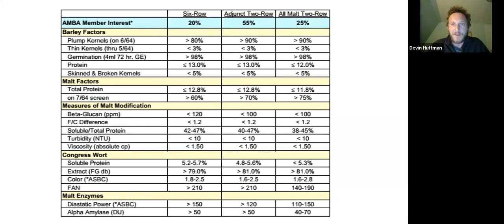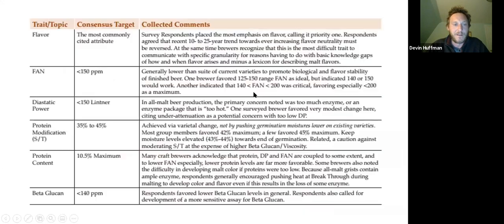And the current trends in the North American varieties of barley, New Deal and Metcalf being the two varieties we've been working with up till now, match more closely the adjunct 2-row specifications. So we're looking at total protein at 12.8 at the top end, pushing 13%, whereas the projected consensus target is 10.5 as a maximum.